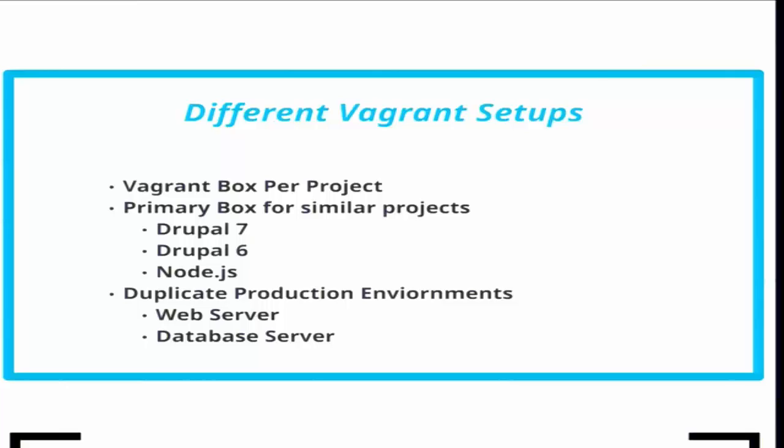Or you can duplicate production environments if you want to do some testing. So you create different instances, one for your web server, one for your database server, and you can have about as close to a copy of production so you can troubleshoot issues on the local machine. So it really gives you a lot of ways to do this.